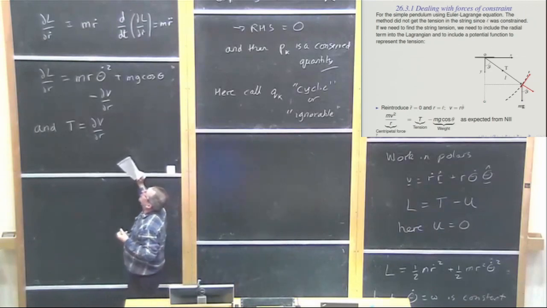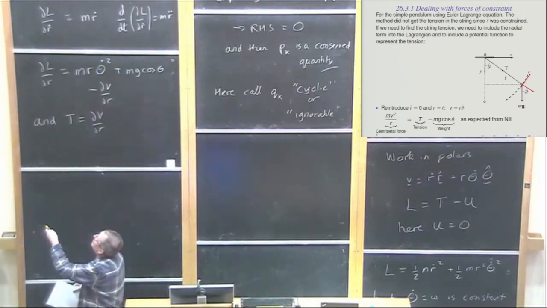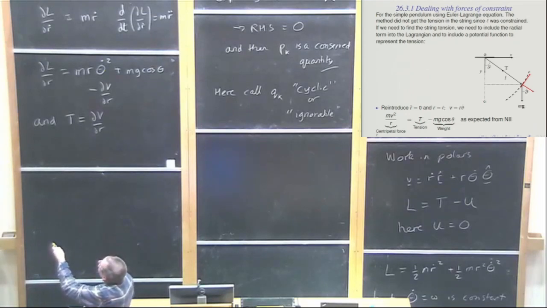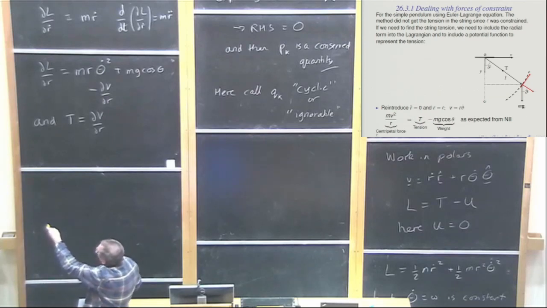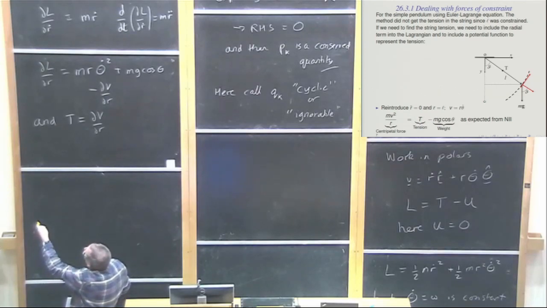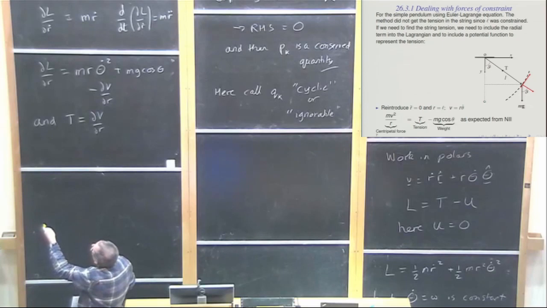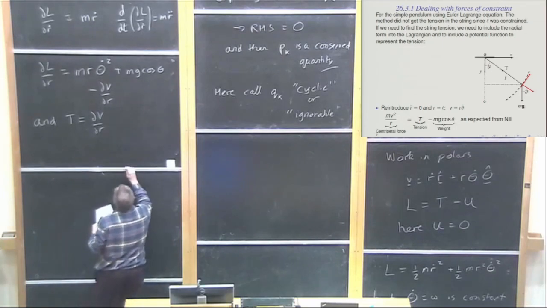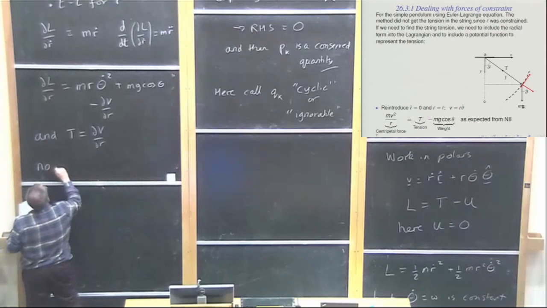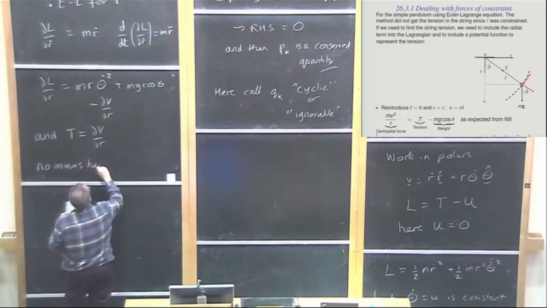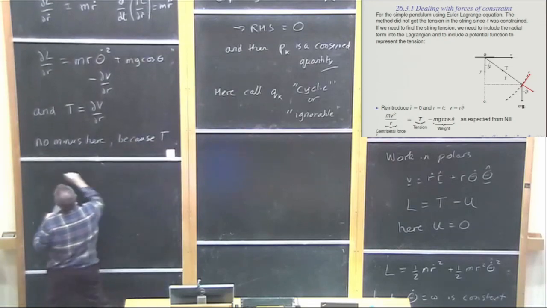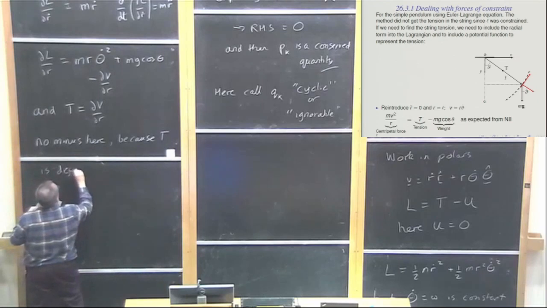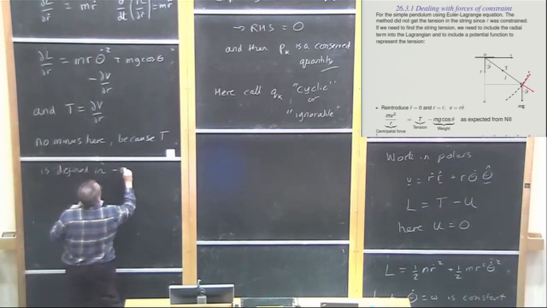And indeed, you should always remember a minus sign. But if you look at our diagram, we know that the tension is an inward force. We have drawn it pointing in the direction opposite to the r vector, so there's no minus sign here because T is defined in the minus r hat direction.